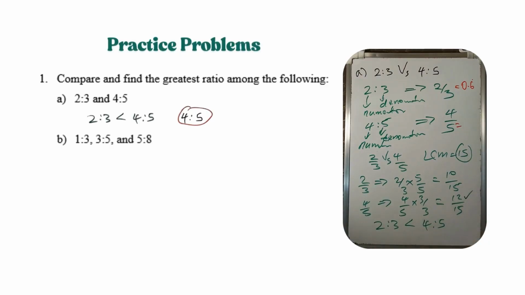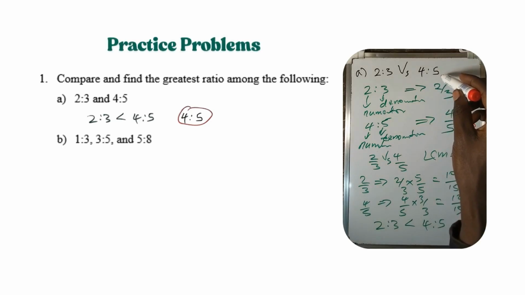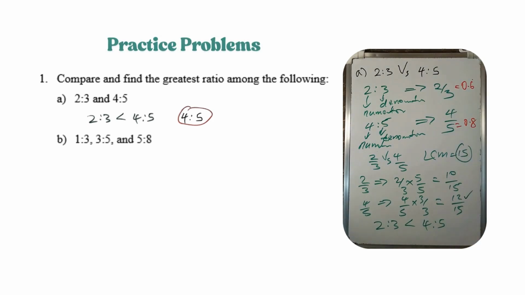Then 4 divided by 5 is 0.8. You can see converting them to decimals is the easiest, and you can see that 4 over 5, the same as 4 to 5, is still the largest. So the greatest is 4 to 5.